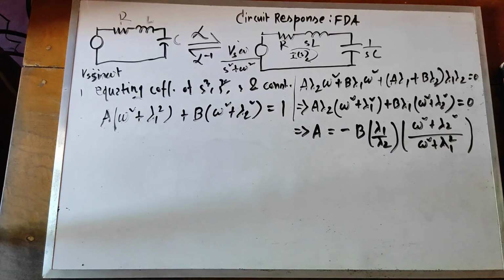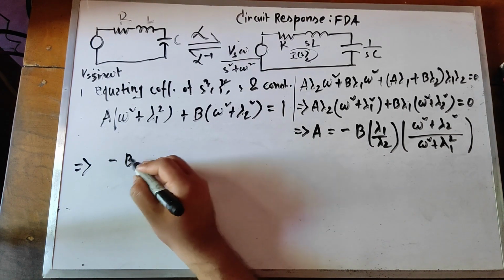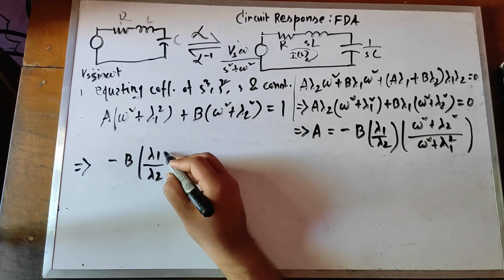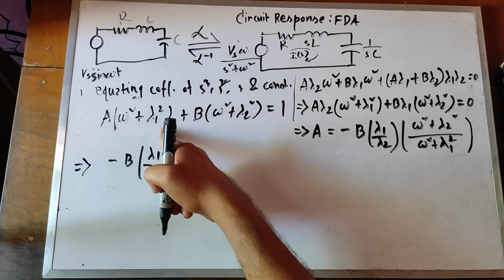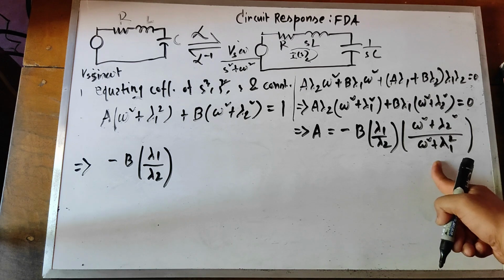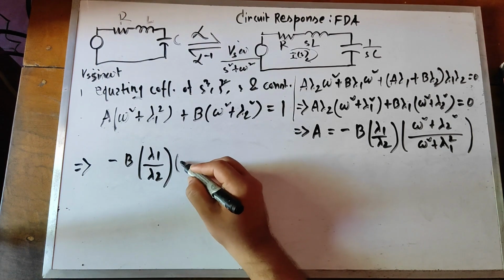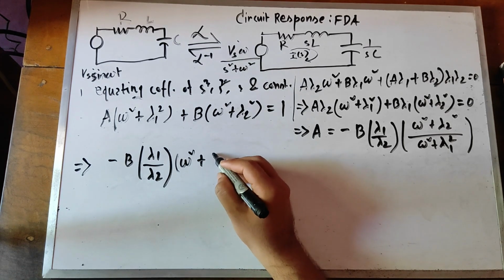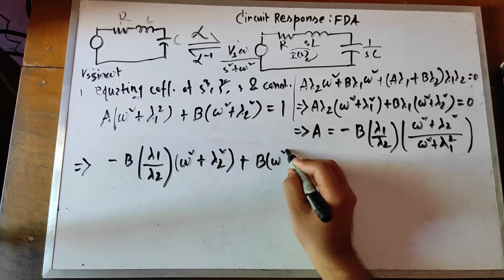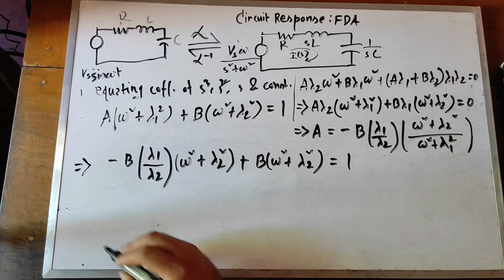So if I take the value here, minus B lambda 1 lambda 2 and omega square plus lambda 1 square will be cut out by this in the denominator. So it will leave us with omega square plus lambda 2 square only, plus B (omega square plus lambda 2 square) equals 1.